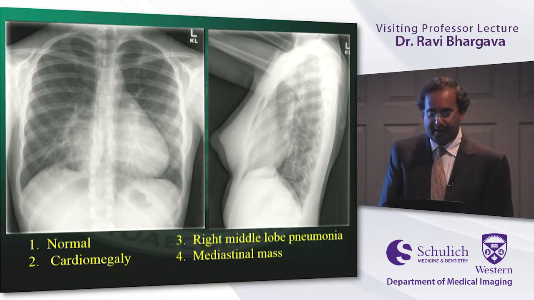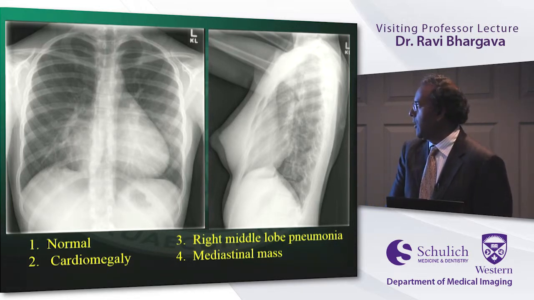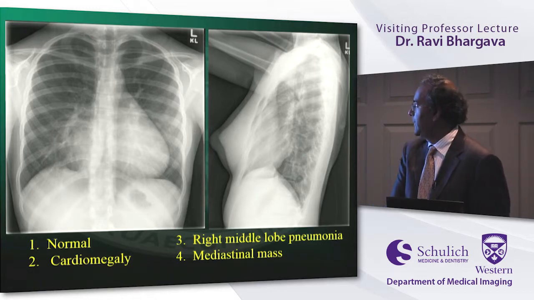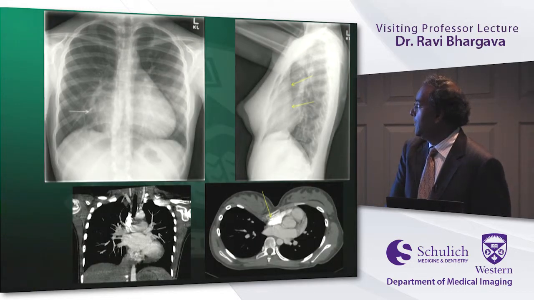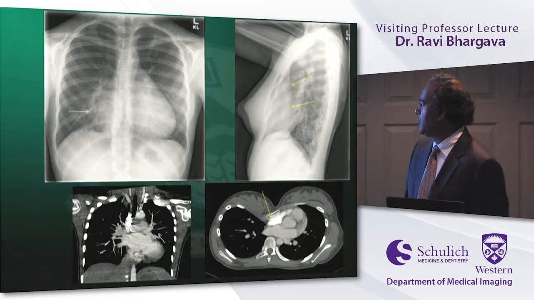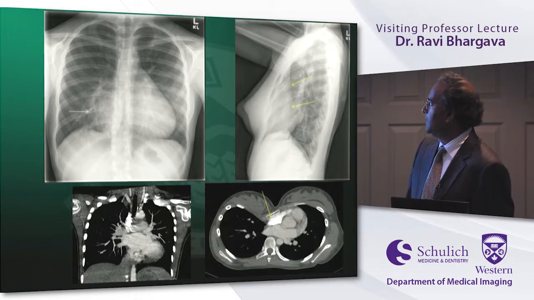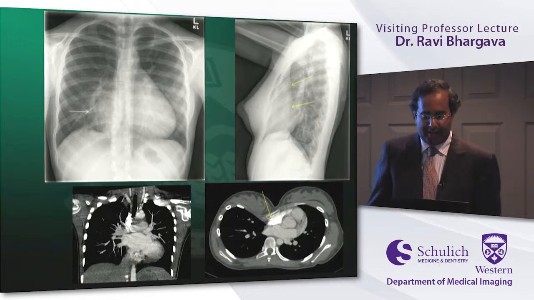So if we look at this radiograph, we've got loss of the heart border. There's apparent enlargement of the mediastinum. We can also see a reflection of the region of the sternum on the lateral radiograph.